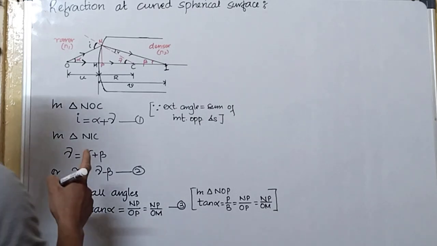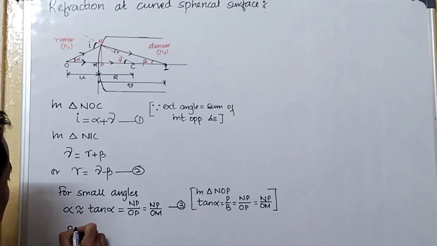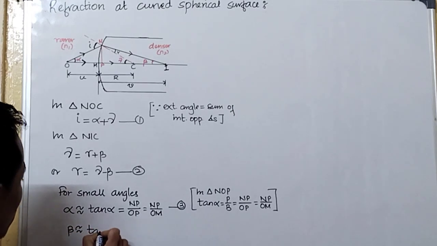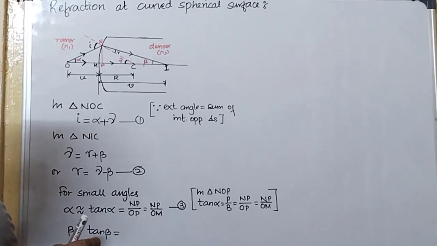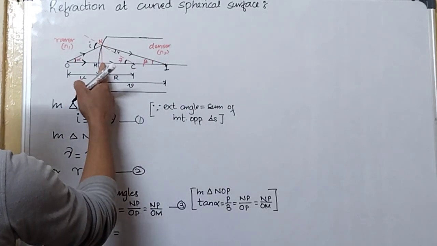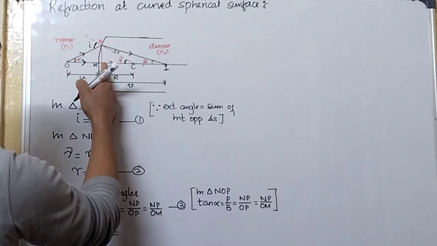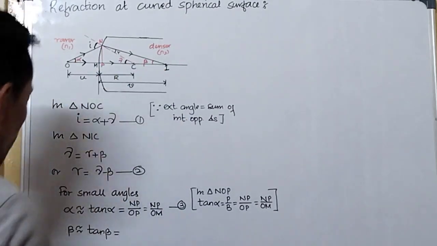Similarly, we can find the value of tan of beta and tan of gamma also. So beta can be written nearly equal to tan of beta for small angles. Similarly, tan beta will be perpendicular by base. So for this, we will take the triangle NIP. In this triangle NIP, perpendicular is NP and base is PI or IP.